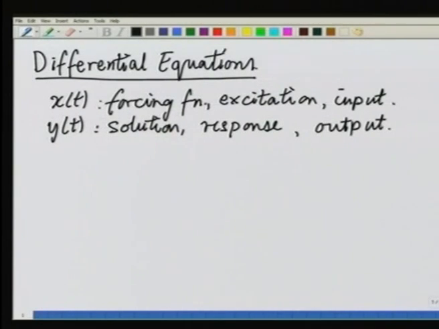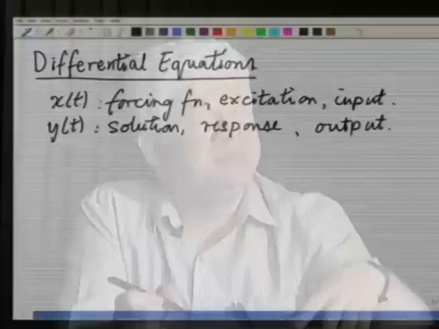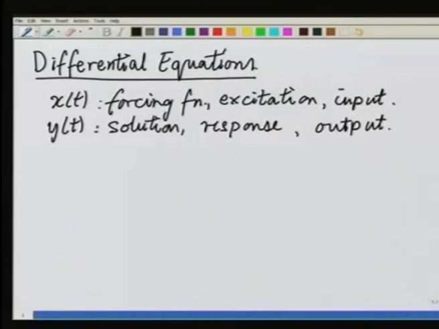How are these two functions related in a differential equation? On the right side, conventionally, will appear simply x(t), the forcing function. On the left side we will have a certain combination of the various derivatives of y(t).